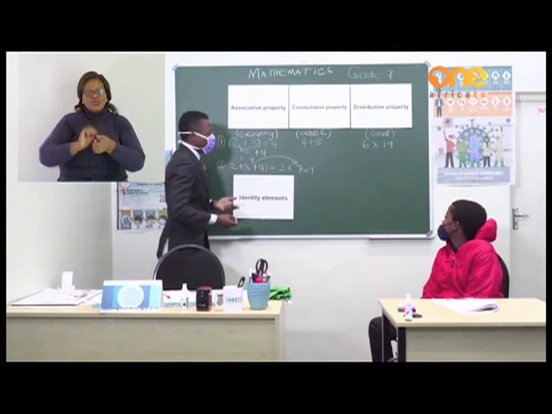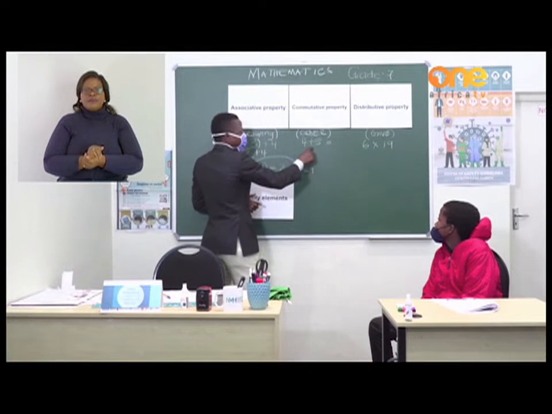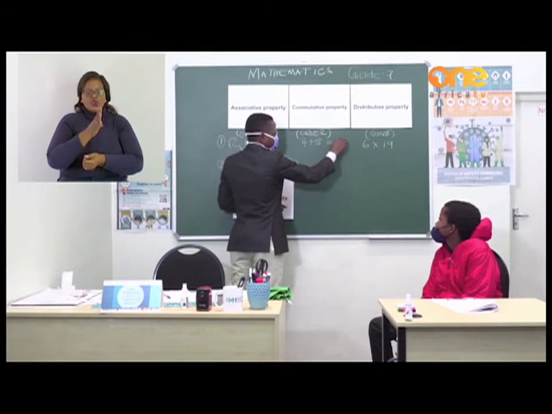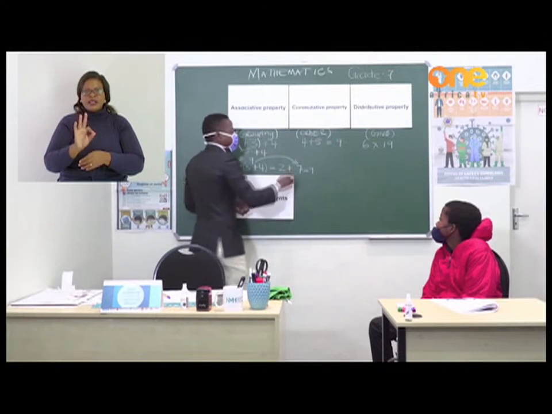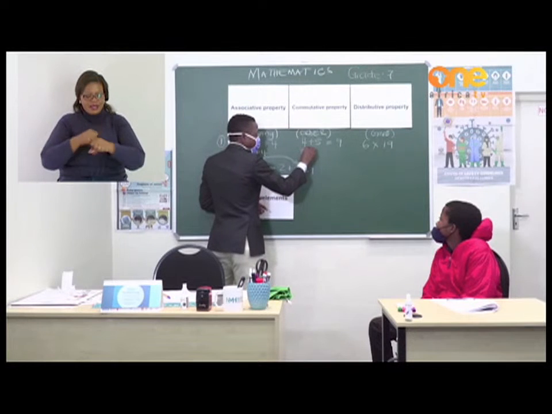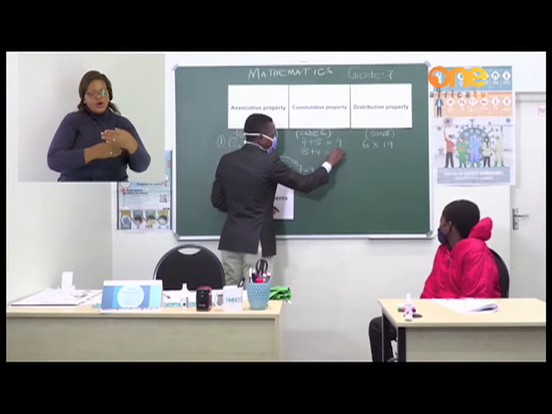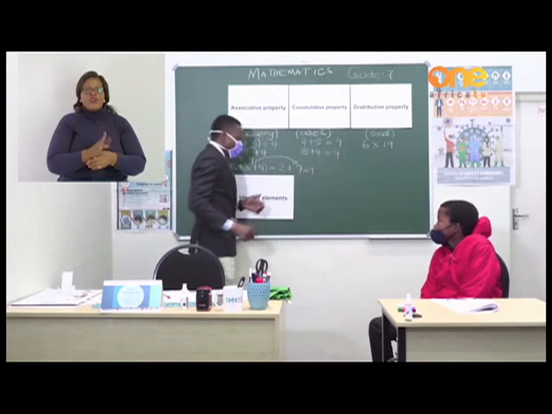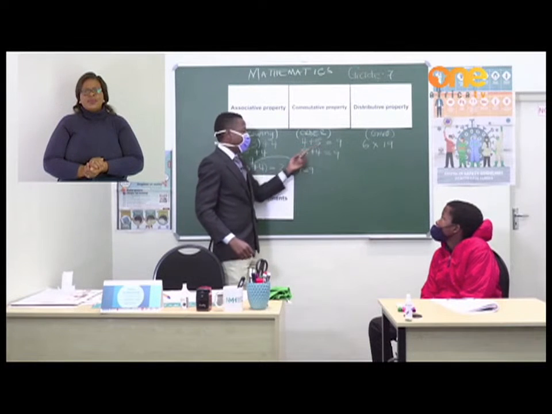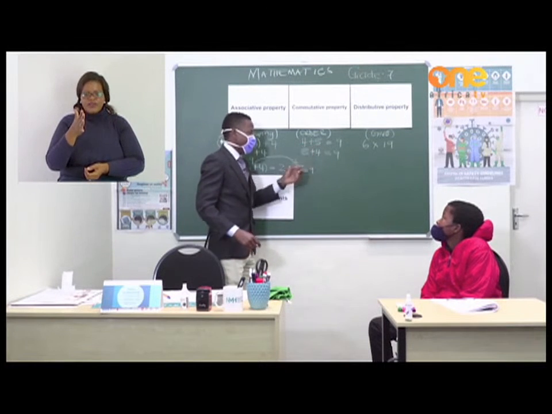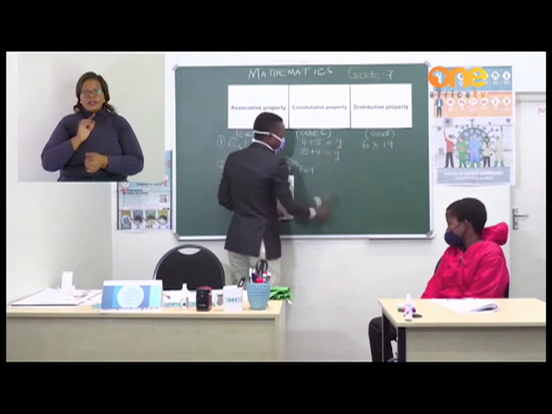For example, I may have 4 added to 5 to give me 9. But I can decide 5 added to 4 to give me 9. Now look at this. 4, 5. 5, 4. Addition is the same, but I still get the same answer.